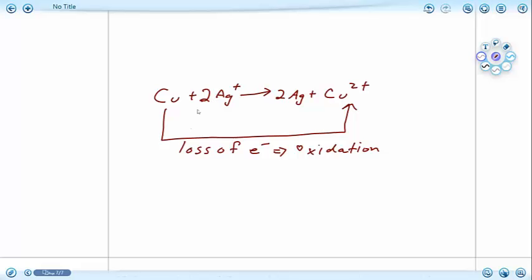Likewise, we have silver ions, this time gaining electrons to become silver metal, and gain of electrons is a reduction.